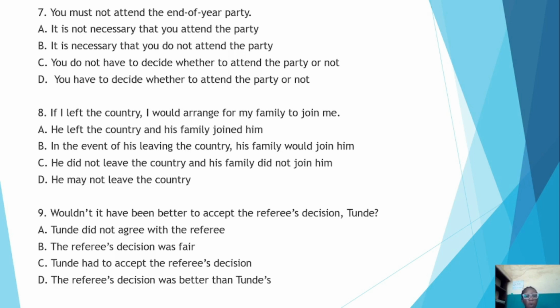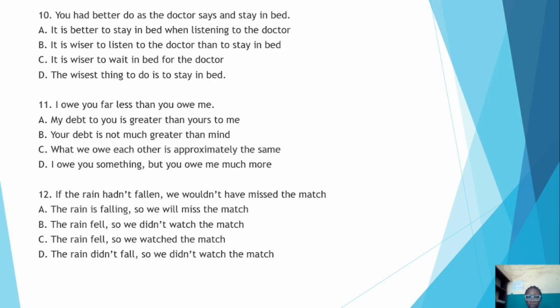So we are looking for the one that explains. So that is why we cannot choose option D. No, it implies that, but we are not concerned with that. We are concerned with interpreting the sentence as it is. And that leaves us with the answer, option A. Tunde did not agree with the referee.